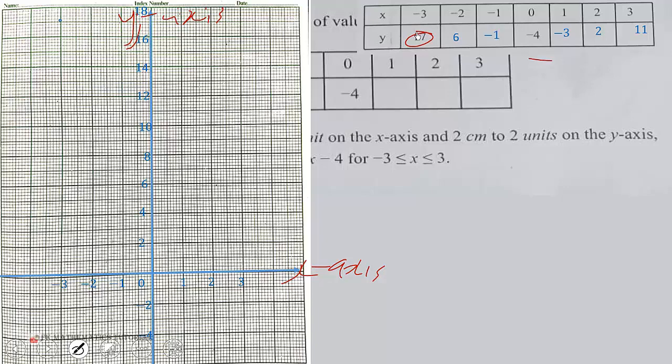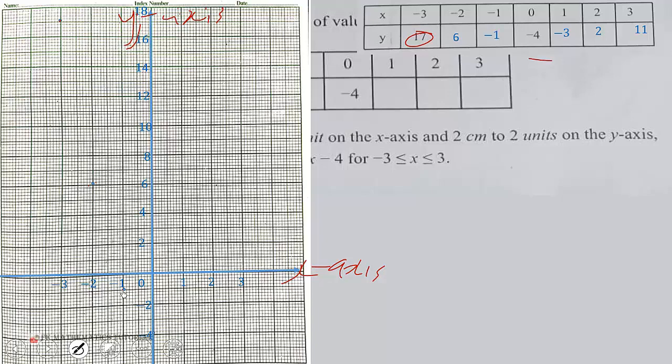So we plot the first point here, -3 and 17 is here. Then we have -2 and 6 is here. Then -1 and -1, you got it here. Then we have 0 and -4.